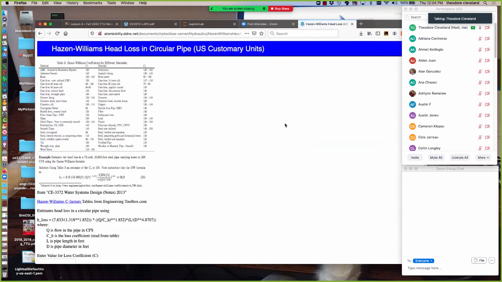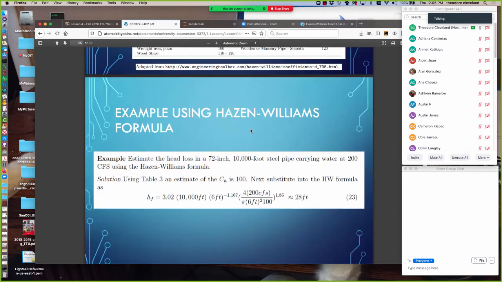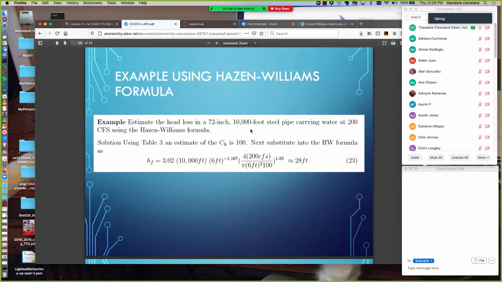We can actually repeat the example that was in the lesson. Let's do that just to be complete. So we'll redo that example.